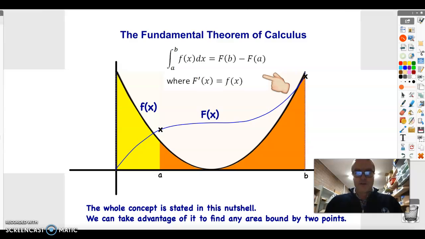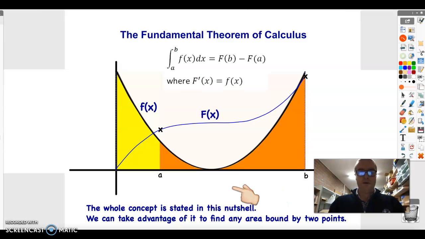I've started to illustrate that in this diagram. If we're interested in this orange area, and we're looking at an area between x equals a and x equals b, essentially by using the fundamental theorem of calculus, we can see it as a difference of 2 areas.